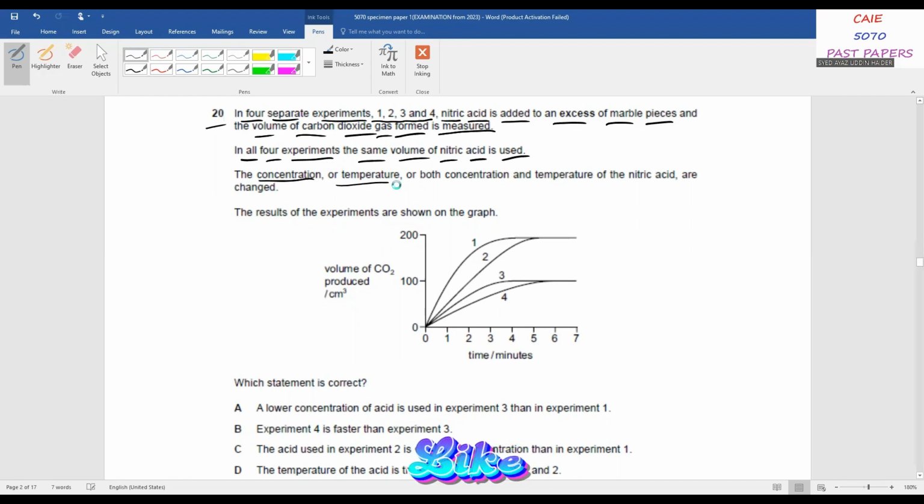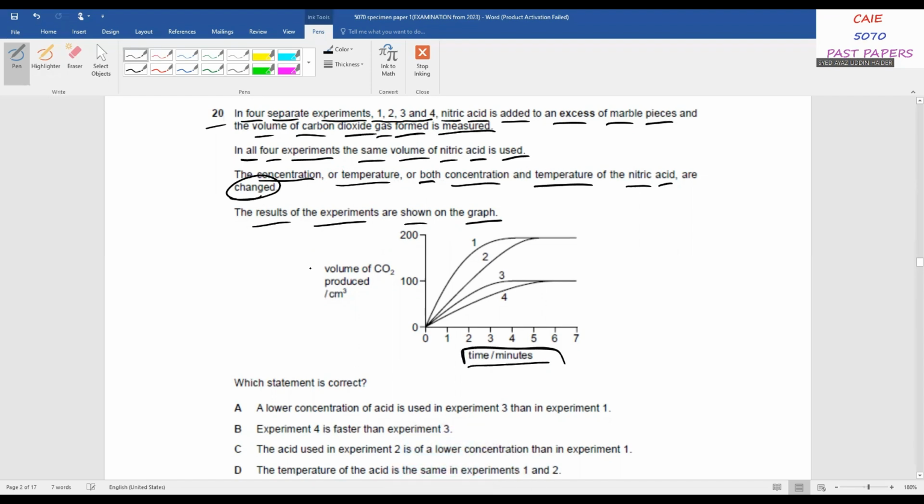The concentration or temperature, or both concentration and temperature of the nitric acid are changed. The results of the experiments are shown on the graph. On x-axis, you have time in minutes, and on y-axis, you have volume of CO2 produced. Which statement is correct?